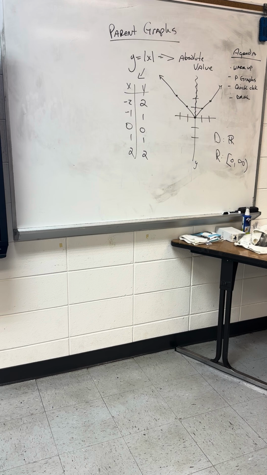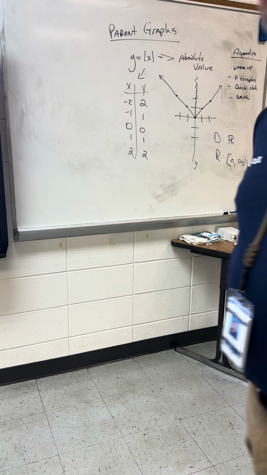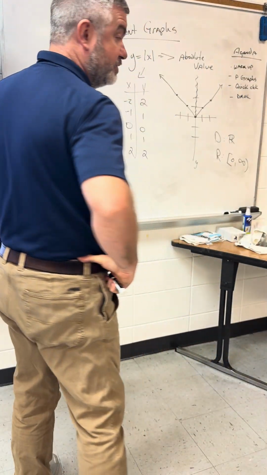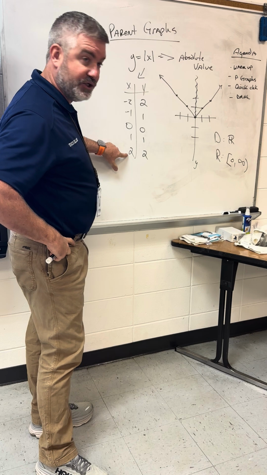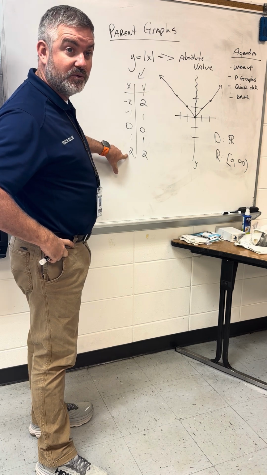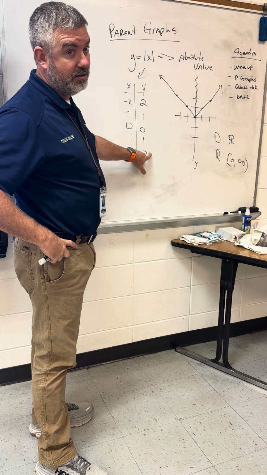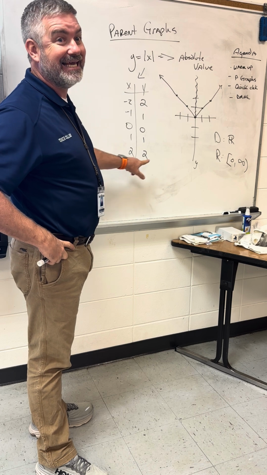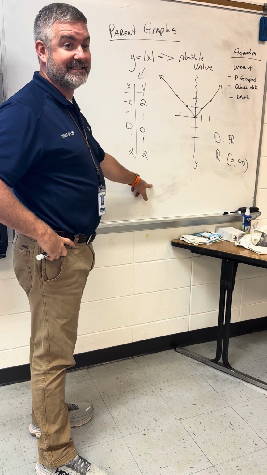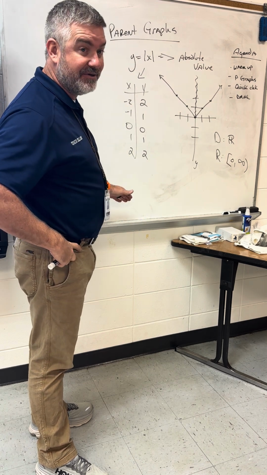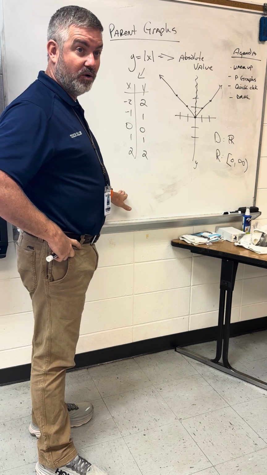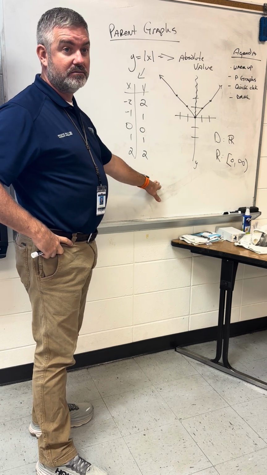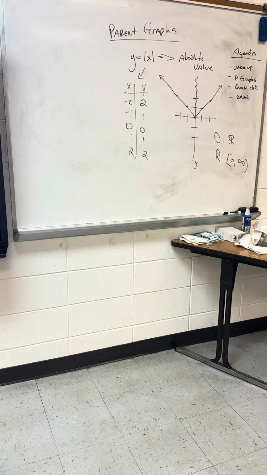Question? What's the difference between, not the difference, but it's like the same thing. They're similar, but they're not the same. Look at the T-charts, right? When I put in 2 into y equals x squared, I get 4. When I put in 3, I get 9. When I put in 4, I get 16. On absolute value, when I put in 4, I get 4. Here, I'll lay one over the top of the other.